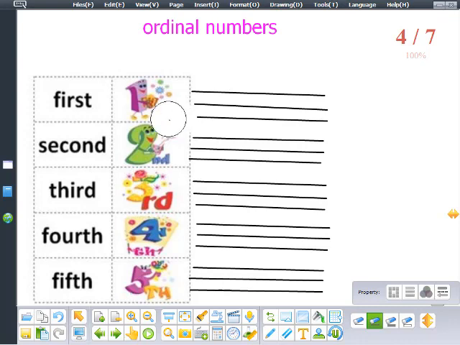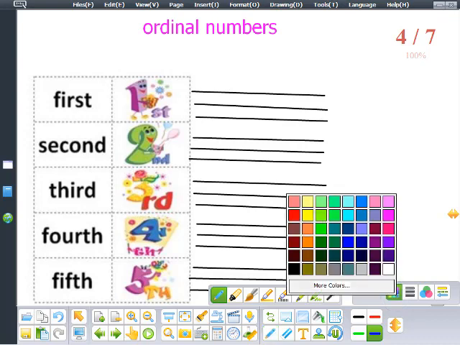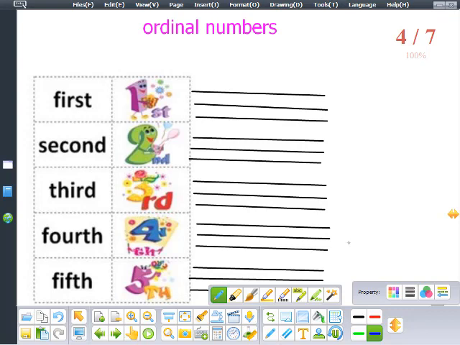The first one will stand at first. So what do we say about number 1? We say first.